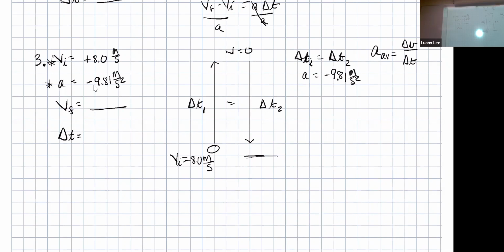So is that the answer, or would it be 0? Yeah, the final velocity would be 0, though, wouldn't it? Because it's hitting the ground. I think it's implying here right before when it returns to the starting point, to wherever it was released. Let's say it's 2 feet above the ground.